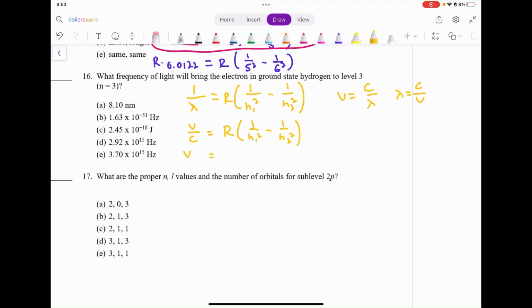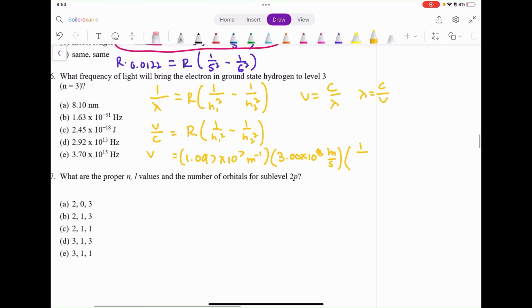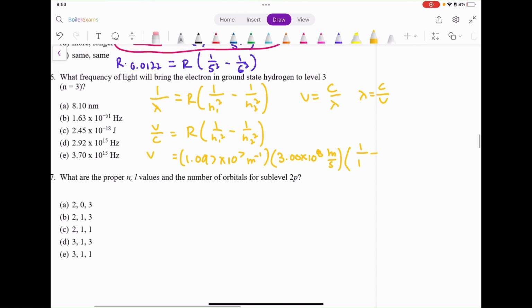So the frequency equals the Rydberg, which is 1.097 times 10 to the 7th, and that is reciprocal meters, times the speed of light, 3.00 times 10 to the 8th meters per second, and then times 1 over 1 squared, which is just 1 minus 1 over 9.